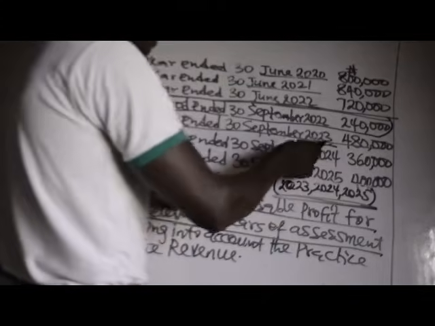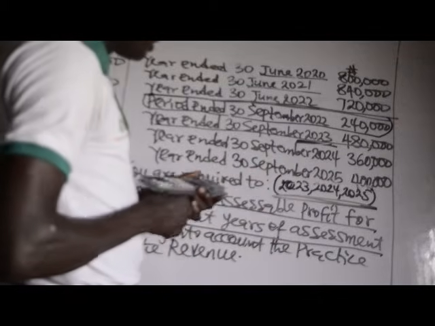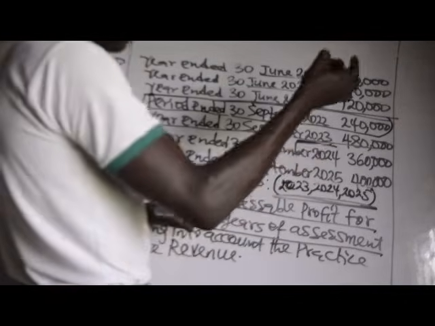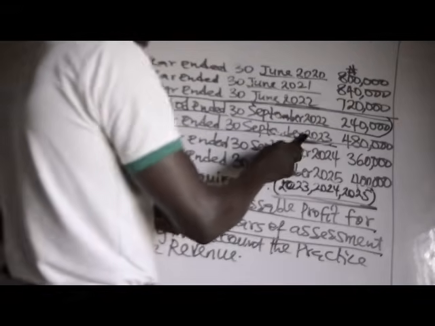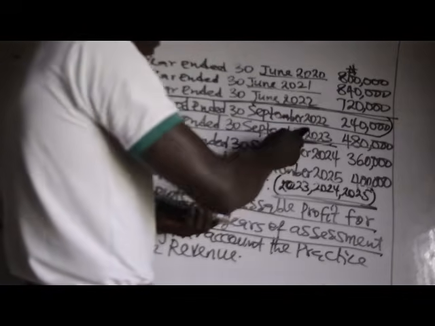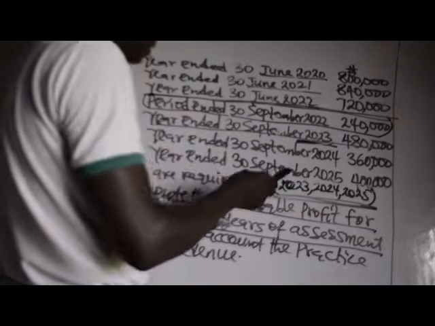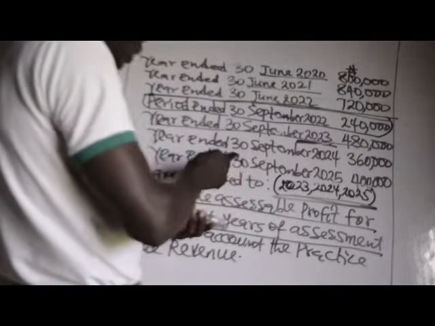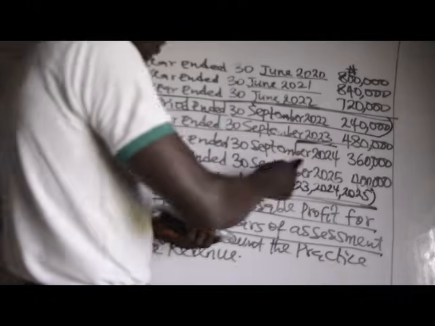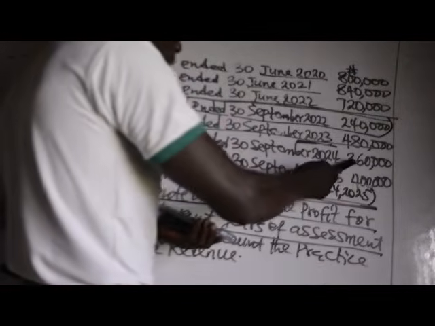Remember, the 480,000 is the profit of 12 months. We will get July 2023, August and September. That means you will get 3 months from this. If you pick 3 months from 12 months, that is 480,000, then you will pick the remaining 9 months. Notice it's 2024 profit. It's a profit of 12 months. The 360,000 here is 12 months profit.